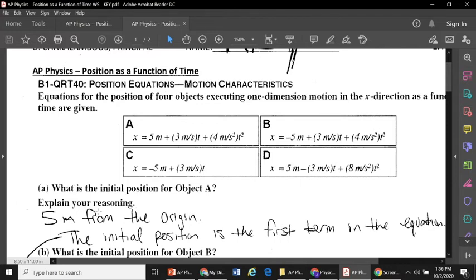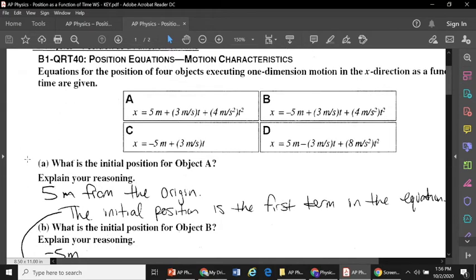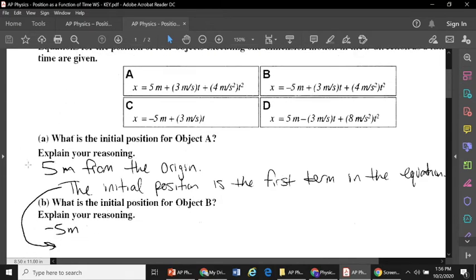Now, part B asks, what is the initial position for object B? And looking at the first term of the equation for object B, the initial position for object B is -5 meters. So it starts 5 meters left of the origin. And the explanation would be the same. The initial position is just the first term in the equation.